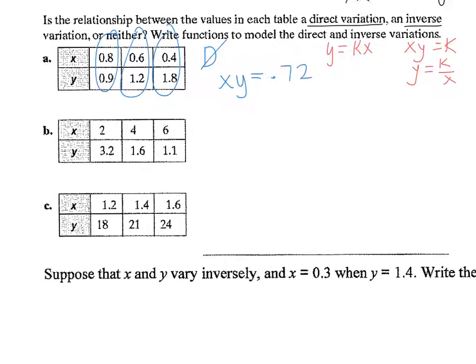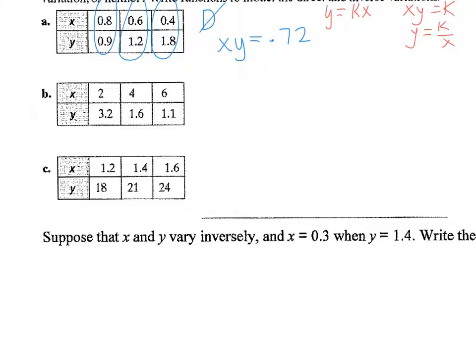And then letter B, first I check direct. So is y divided by x the same for all of these? Is 3.2 divided by 2 the same as 1.6 divided by 4, the same as 1.1 divided by 6? And it's not.